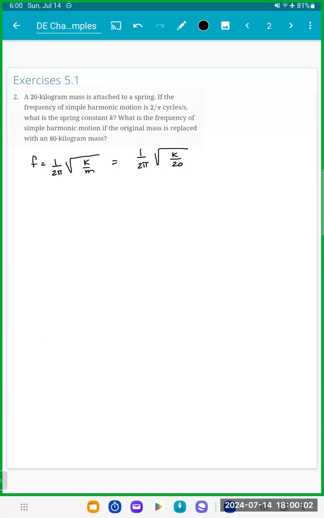So in this case, we have 1 over 2 pi square root of K over 20 is equal to 2 over pi.